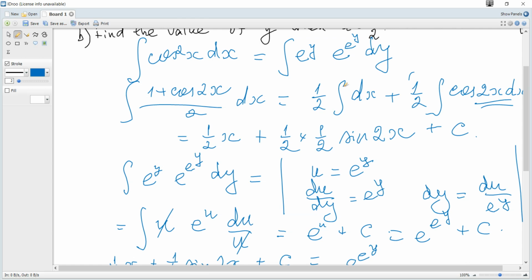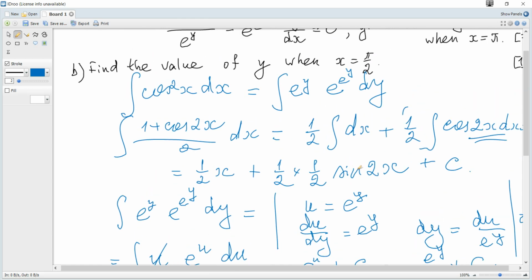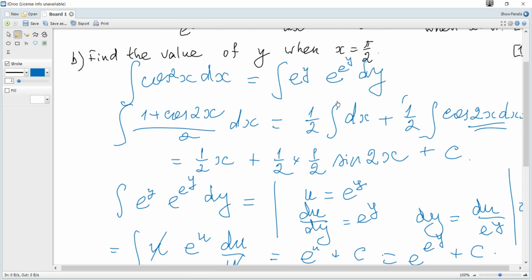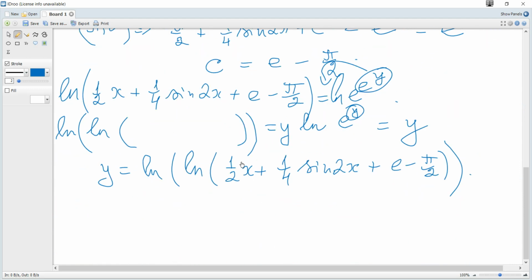And next, find the value of y when x is pi over 2.